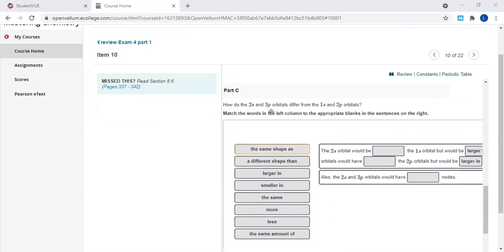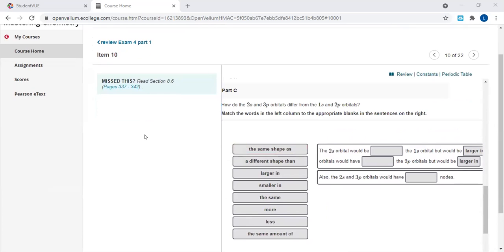It's on part 1, and it's question 10. But you want to share your screen? Yeah, I can do that. Okay. Can you see? Okay.